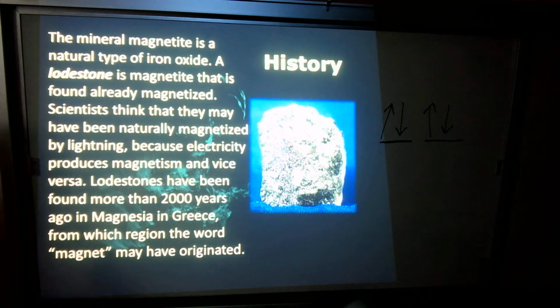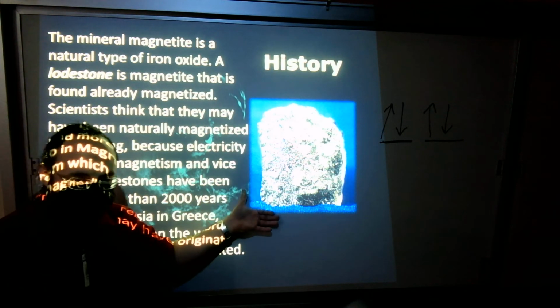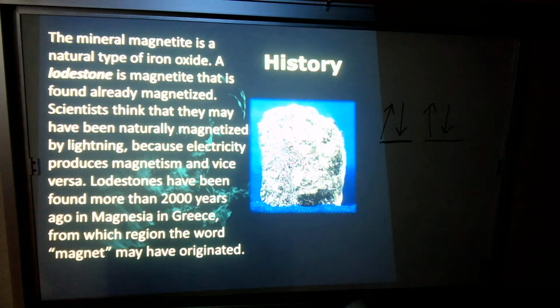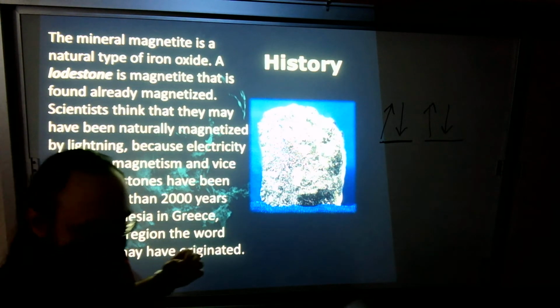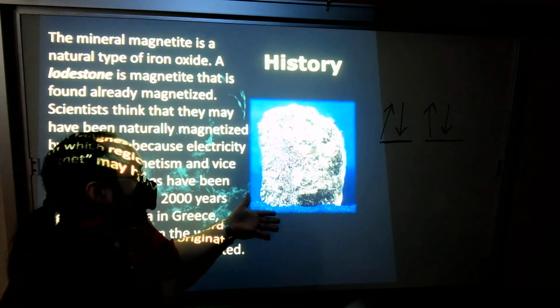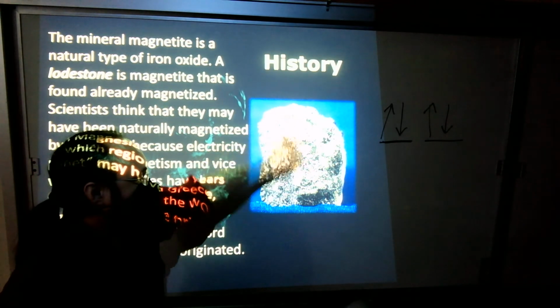Anyway, this is a rock. You guys like rocks? This is a rock. The mineral Magnetite, in particular, that's what this is. It's iron. It's a dense rock, so if you have a big rock of it, this is probably pretty heavy. It's just iron, and it doesn't come as a magnet.